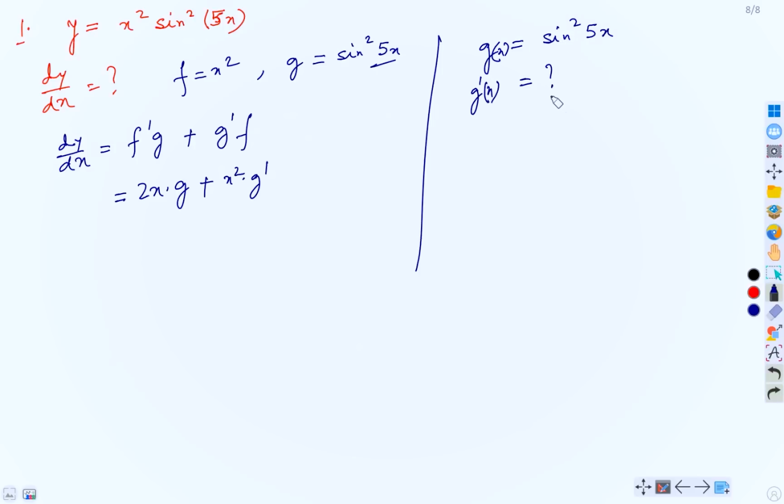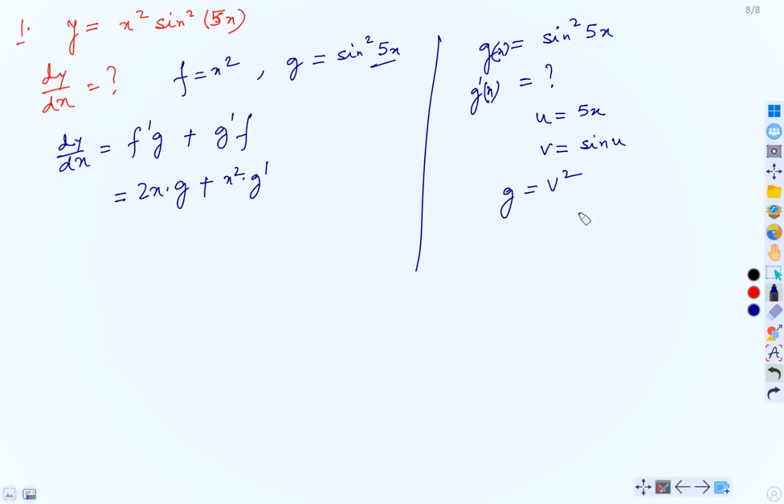Here observe that we have three different functions: u is 5x, v is sin u, and then we have v^2, that is our g.